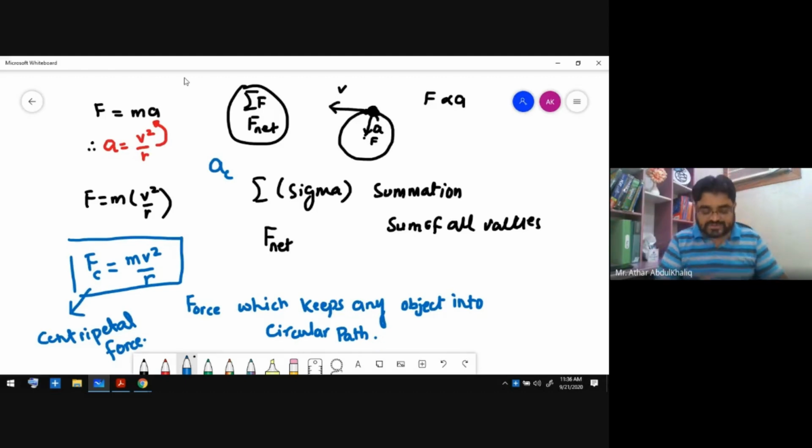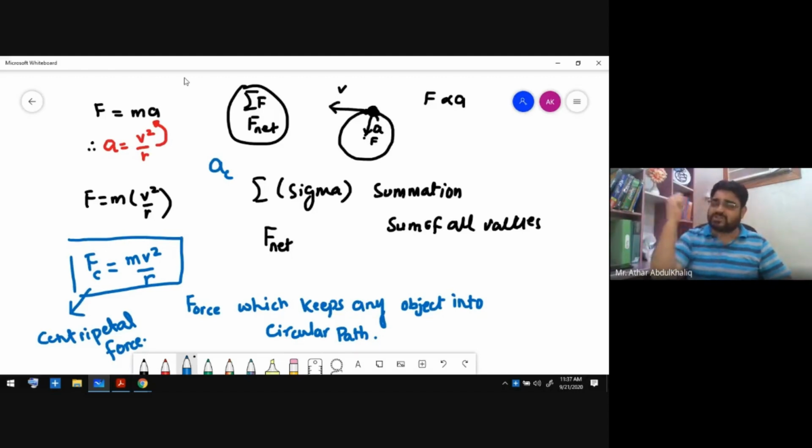I was going to give you an example. When I use the word centripetal force, it means any object that is moving in a circular path has a force. For example, I have a rope with a mass attached to it and I am spinning that rope in this direction in horizontal motion. My hand is providing the centripetal force to the rope and the rope has a tension in it. It is tensed, stretched.